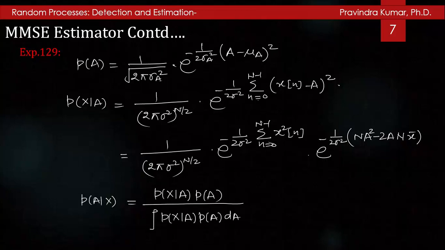And now the conditional PDF p(a|x), from Bayes theorem, will be p(x|a)p(a) divided by the integral of p(x|a)p(a) da, the integration of this term.